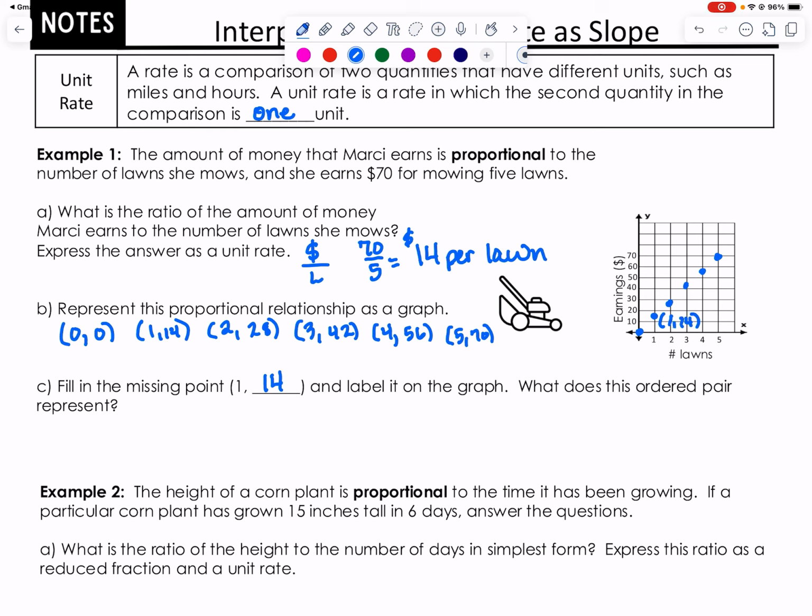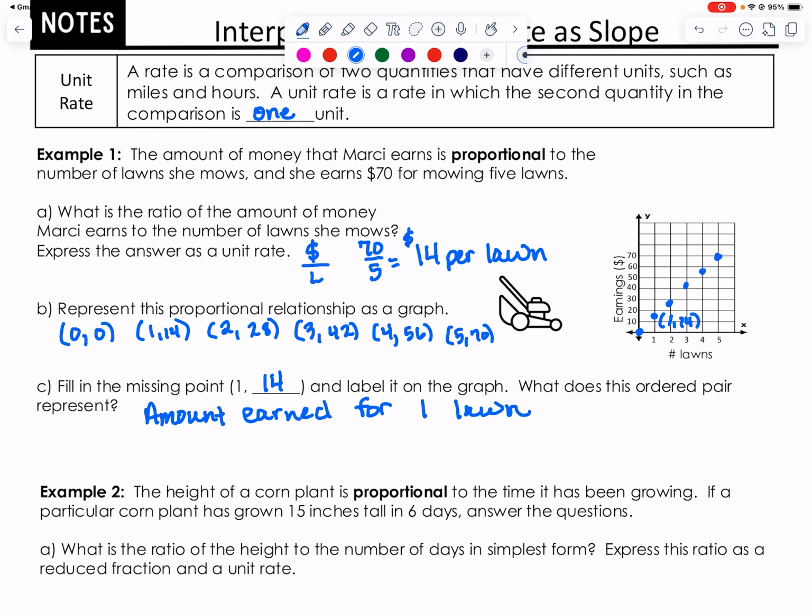What does this ordered pair represent? It represents the amount earned for 1 lawn. And that's what our unit rate is. The amount of money per lawn, or for 1 lawn.